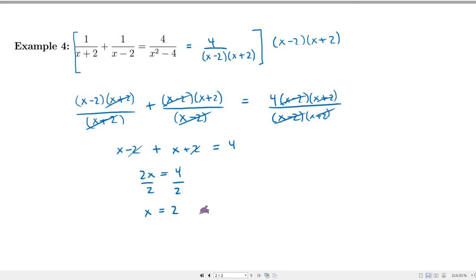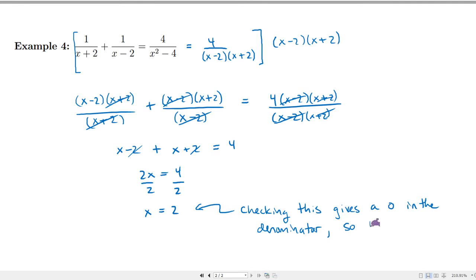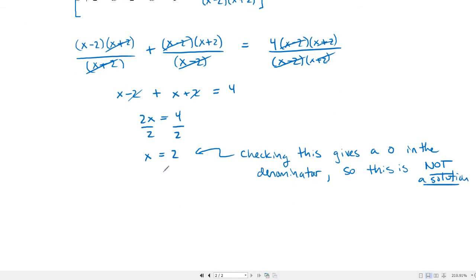Checking this gives a 0 in the denominator. So this is not a solution. So what that tells us is that was the only potential solution. So there are no solutions.